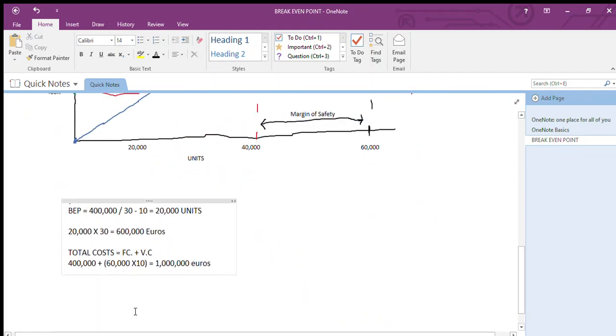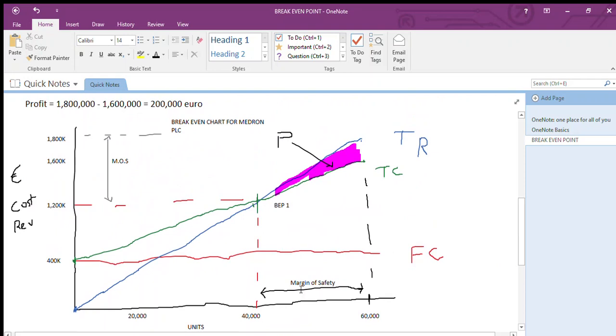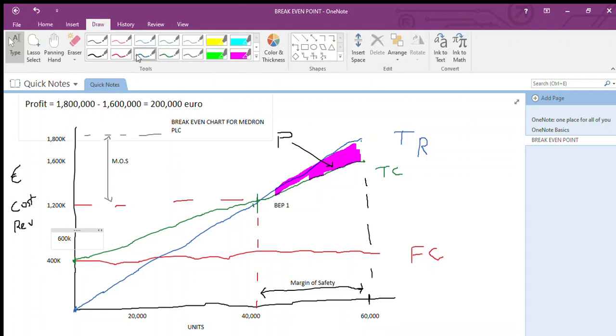So my break-even point in this case now is going to be 20,000 units, and it's going to be about €600,000. Let's say that is here, 600K. So my break-even point 2 is going to be at around this area here.